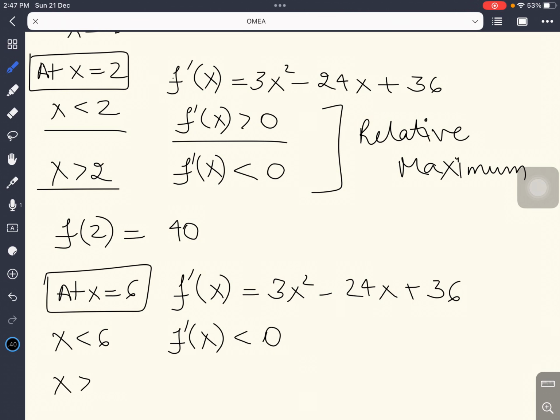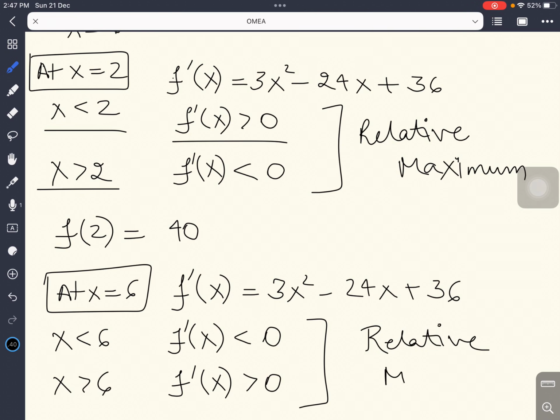And if we take x values greater than 6, then f dash x is coming out to be greater than 0. Now if the sign changes from negative to positive, this indicates a relative minimum point.